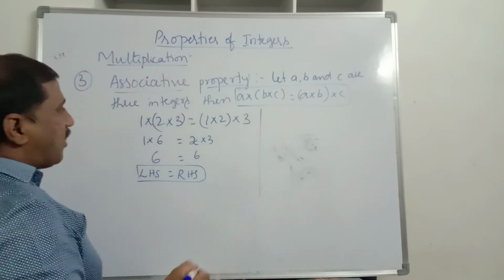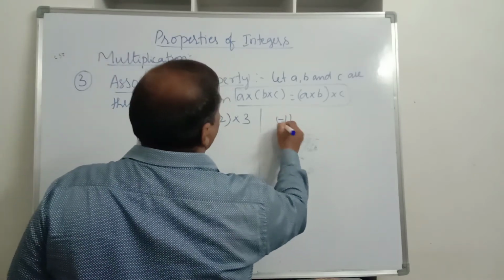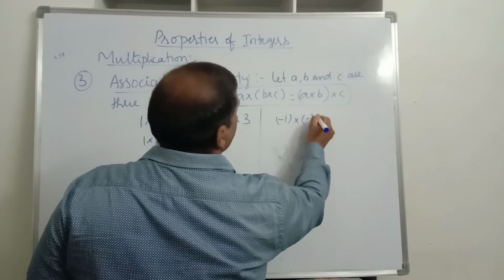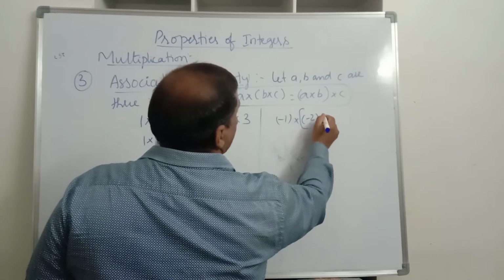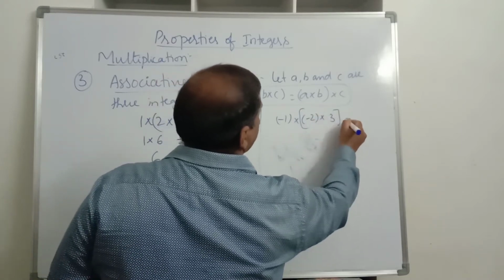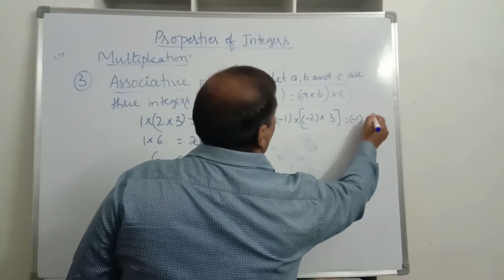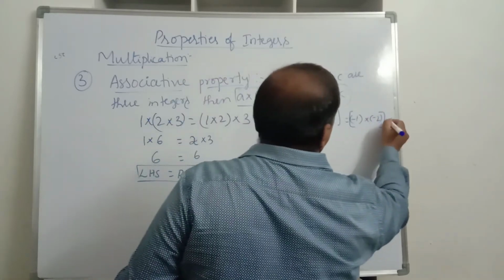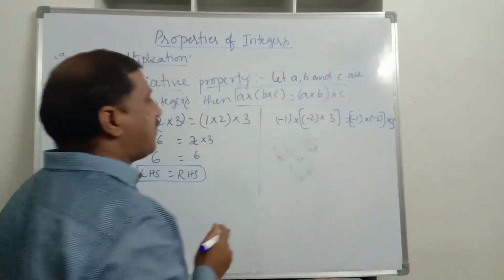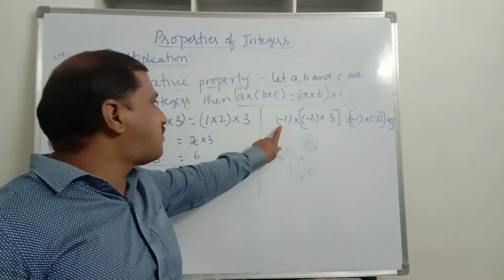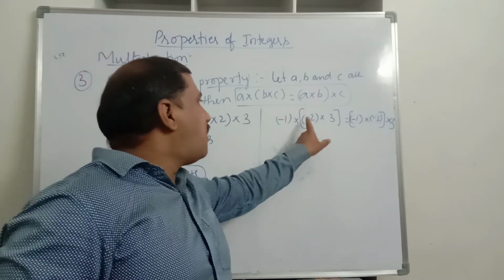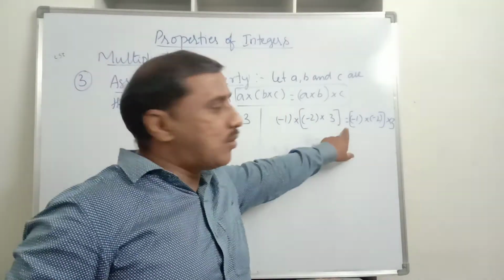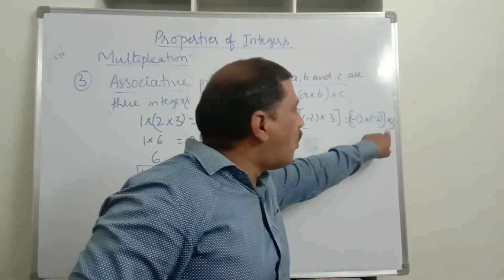Now we will discuss one more example with minus 1 into minus 2 into 3. That is equal to minus 1 into minus 2 whole into 3. How to read this? Minus 1 into whole minus 2 into 3 is equal to minus 1 into minus 2 whole into 3.